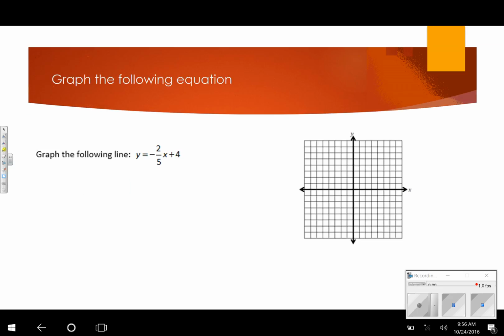All right, so let's graph this equation. This equation has a y-intercept of 4, or (0, 4), and it has a slope of negative 2/5. So I'm going to go up to 4 and graph my point, and then I'm going to go down 2 and to the right 5.